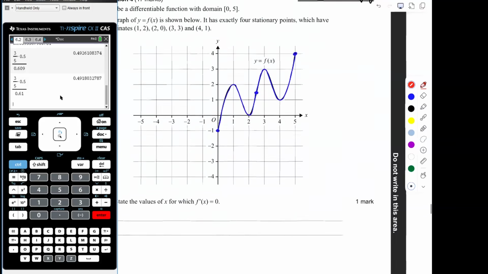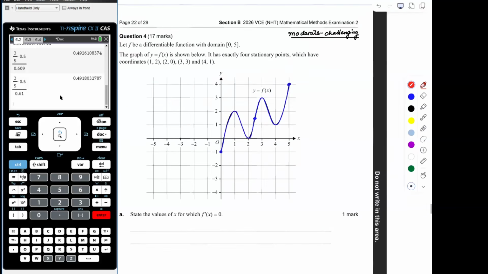All right, finally, this question. Well, this question was a creative one in my opinion, because you couldn't actually figure out the specific rule according to this diagram unless you spend a hell of a lot of time being creative using some power 5, power 6 sort of function. This is a differentiable function with domain 0 to 5.